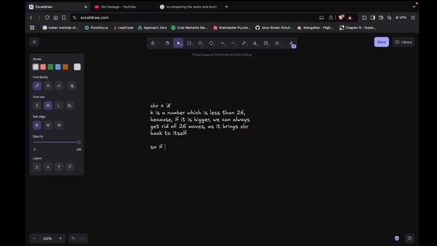So we can just write k equals k percent 26, and this will ensure that k stays less than 26. Okay, so for now k is less than 26.